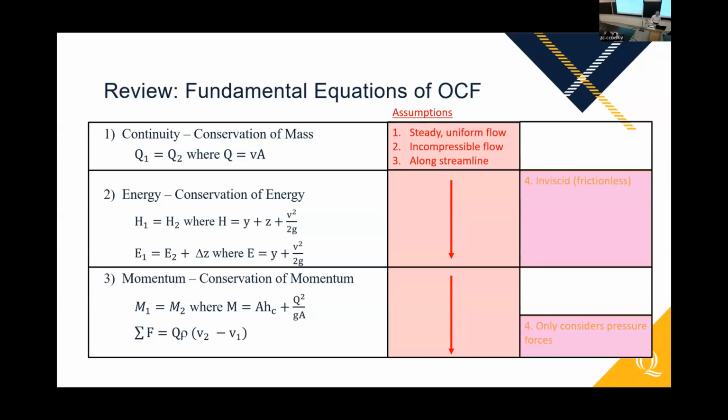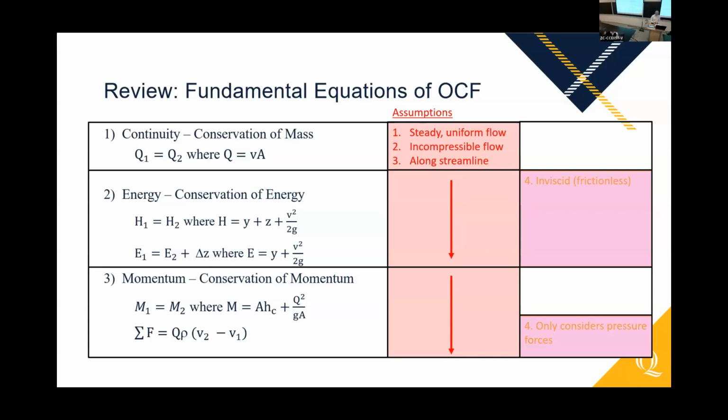So as a review, we went over the basic forms of the conservation of momentum expression for open channels, and here they are. M1 equals M2, where we defined M as the cross-sectional area times this HC factor, which is the depth to the centroid of the area, plus Q squared over GA.